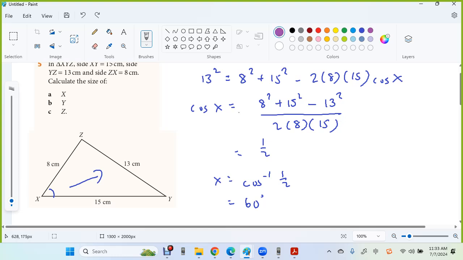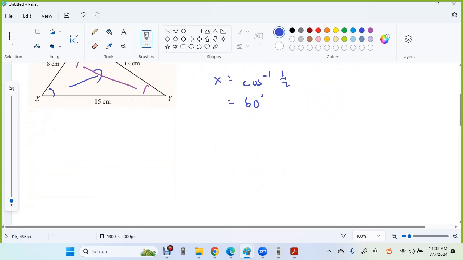And we want to find the value of y. So sine y over 8 will be the sine 60 over 13.